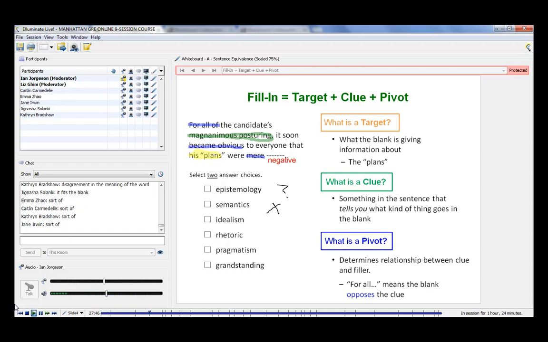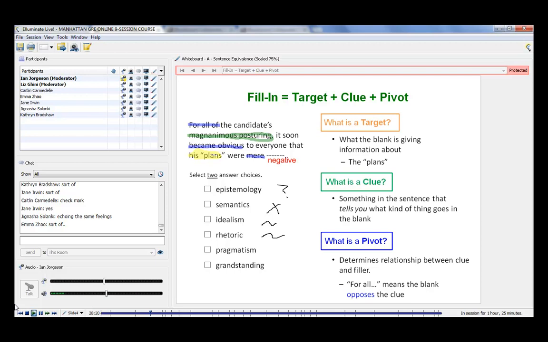Yeah, we'll go with the sort of here. How about rhetoric? His plans were mere rhetoric. What do you guys think? People are saying check mark, sort of versus check mark. We get about half and half. Half and half, so I'll give it this for now.